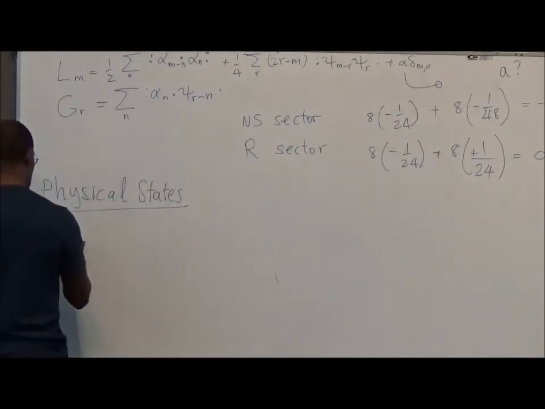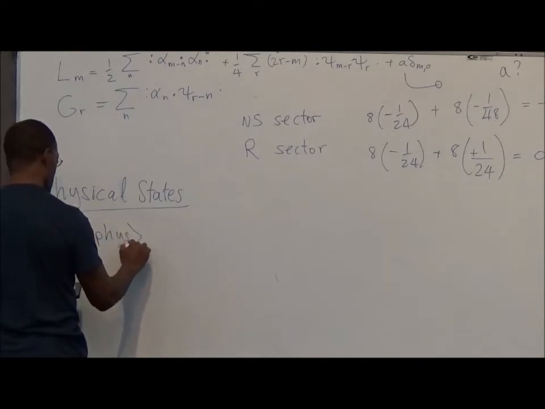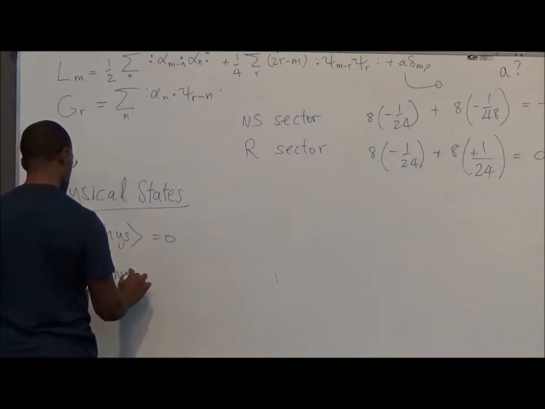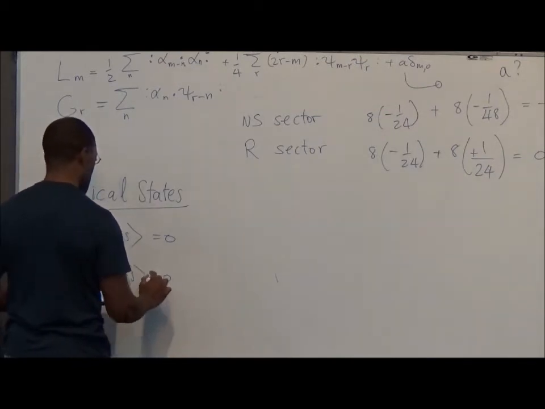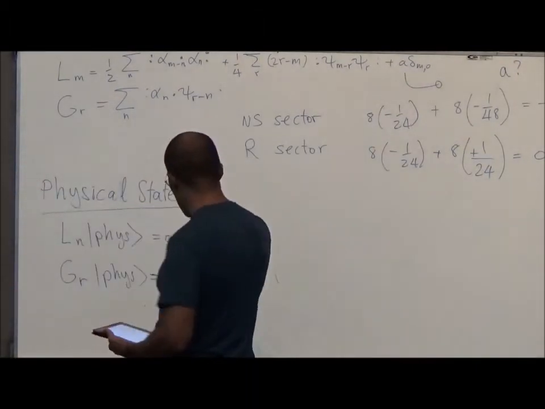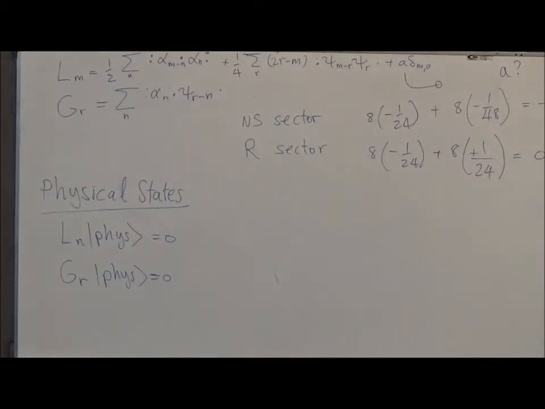So if I have a physical state, I should have something like this. And then you can just construct a state and make sure that it's annihilated by all these things, and it will give conditions on the properties of that state.